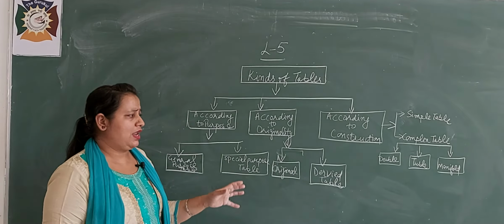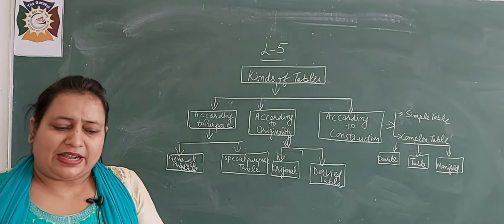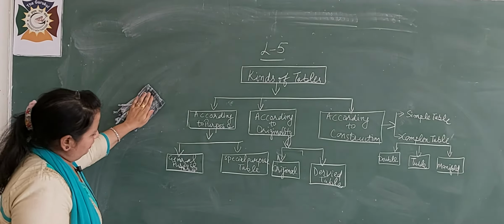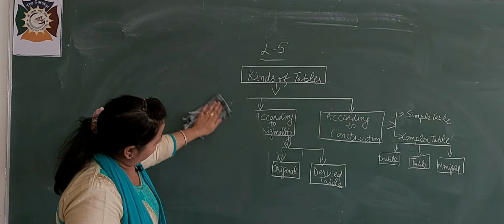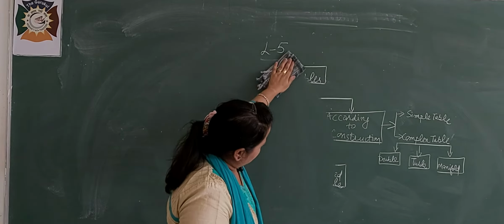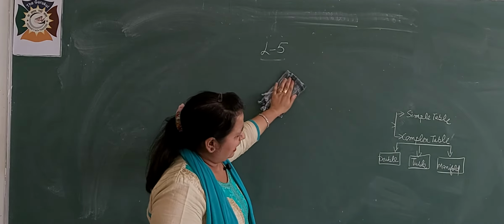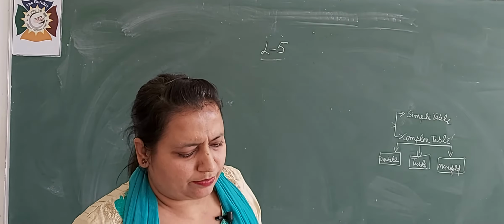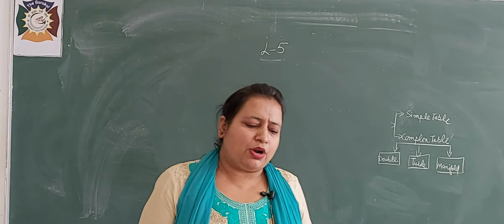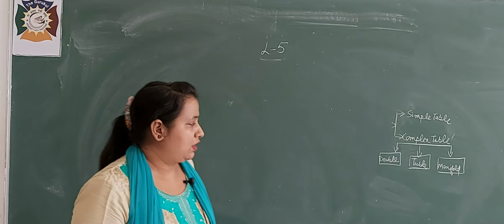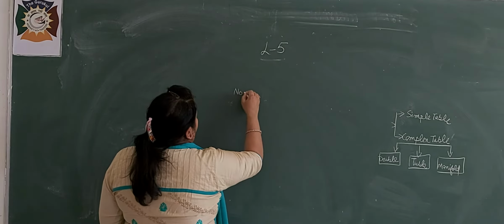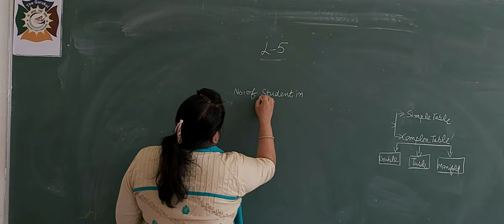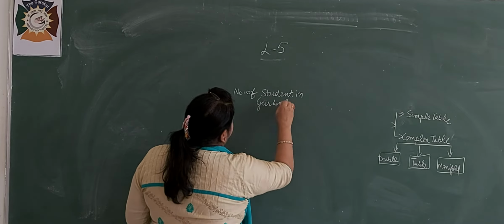By taking some examples, I am going to clear these three tables. First is simple table, second is double table, and third is complex table, which has the parts double table, treble table and manifold table. If I am writing the number of students in Gurukul, this is the heading given by me.